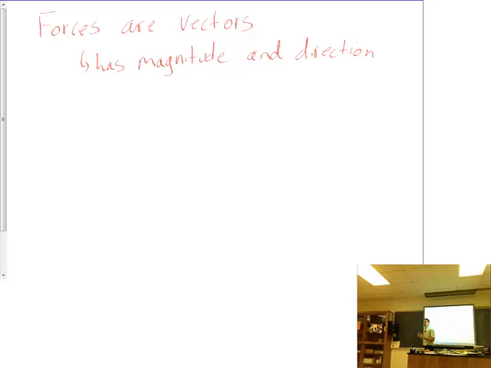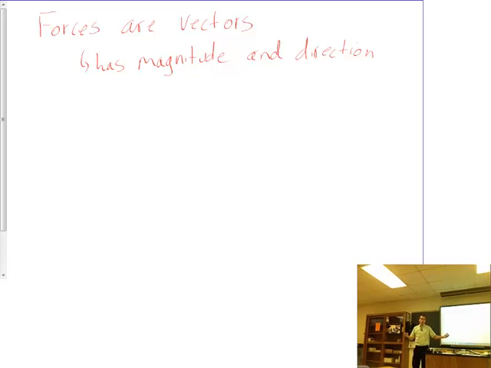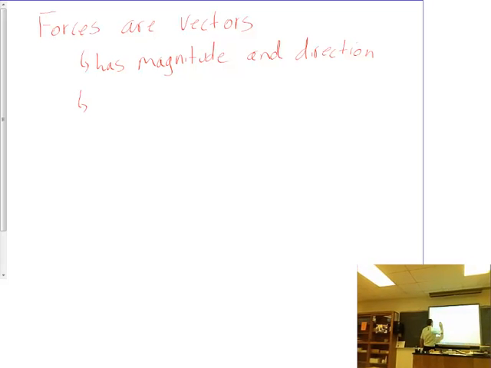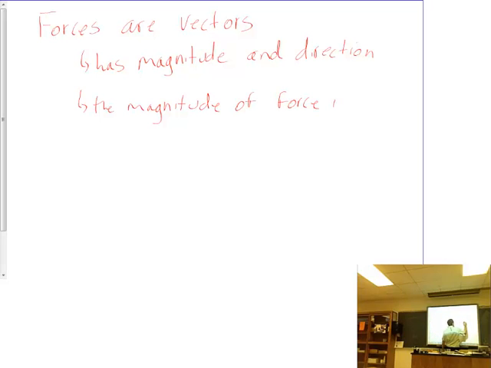Remember, magnitude is the how big or the how many or the how far. Direction is just direction. Which way does the force act? Okay. The magnitude of force is measured in newtons.